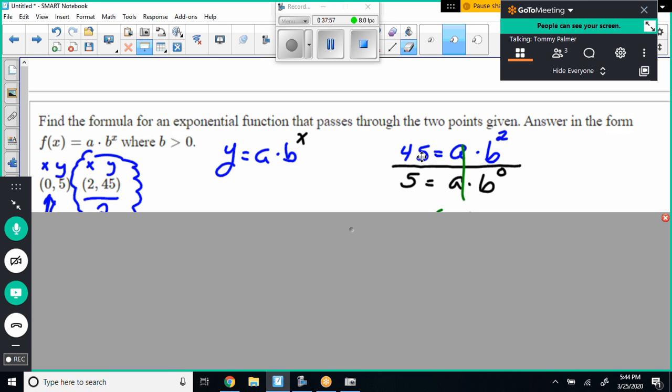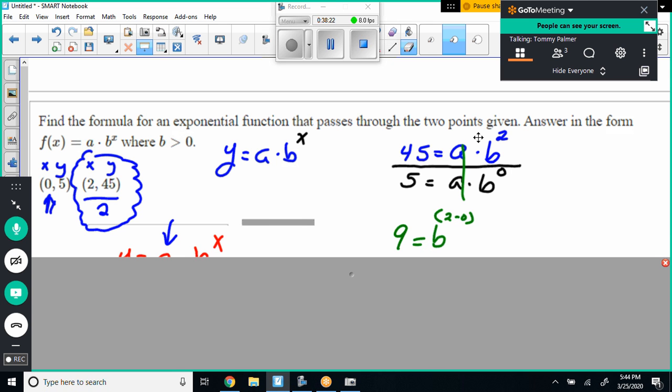What I did was the first point, 2 and 45: 45 equals a times b raised to the x, and x was 2. The previous point was 0, 5, so 5 equals a times b raised to 0. Your a's cancel out.